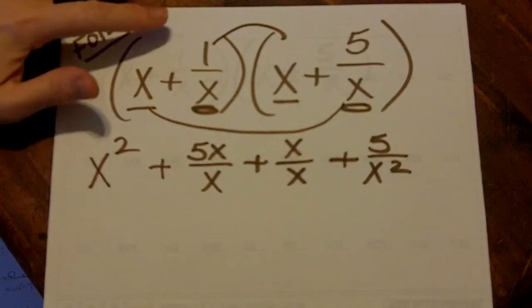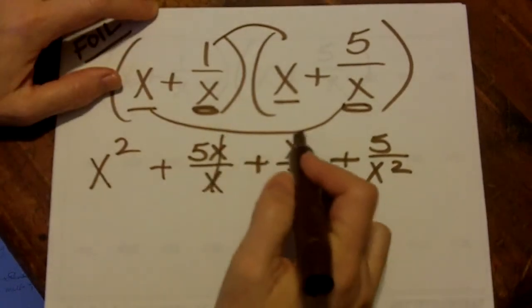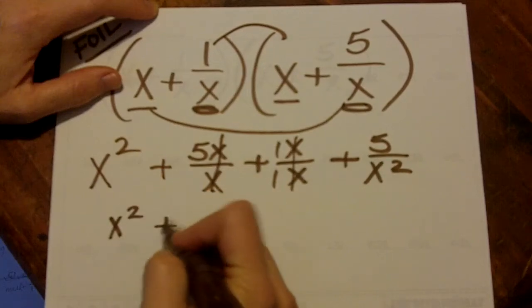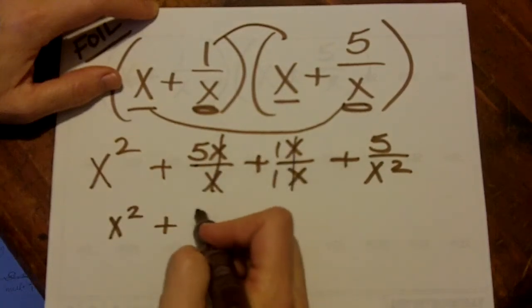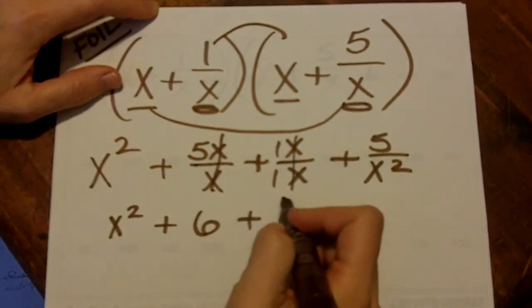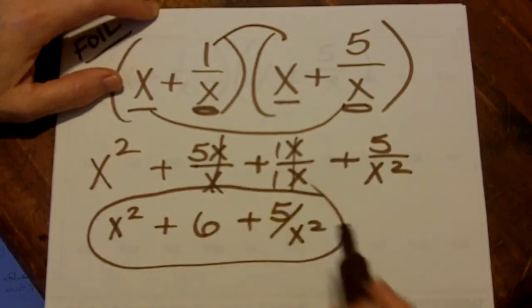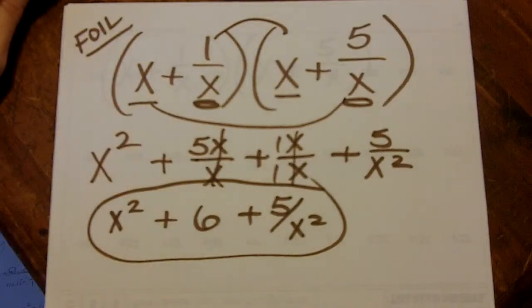Now you can see that the middle term can be simplified. So you could have x squared plus this 5 plus that 1, which was 6, plus 5 over x squared, and that would be your final answer if you foiled that multiplication problem.